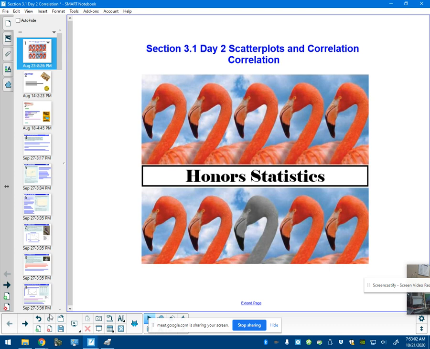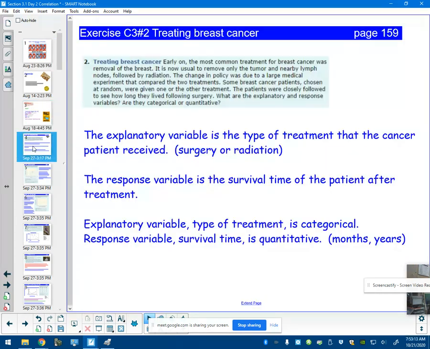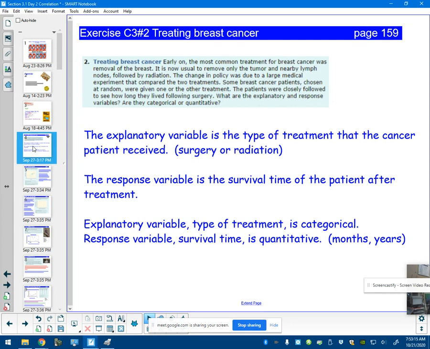Okay. All right. Today we put a number to what our eyeballs were looking at yesterday. But before we do that, taking a look at this homework assignment, you just had to put some things to write for part 2. I don't care if you write out the sentences I did, but you need to put more than just the word treatment for explanatory.